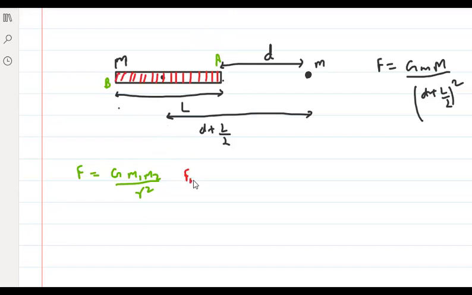So I can say that F net will be F1 plus F2 plus F3 plus F4 plus dot, dot, dot, F infinity. Agree, everyone? Think about it. And if I ask you, what is the meaning of integration? It is continuous addition, right?